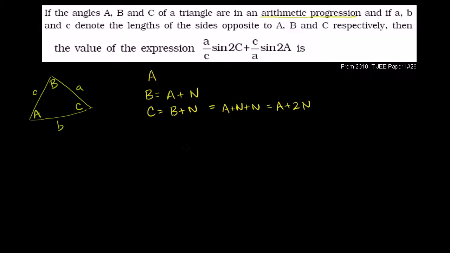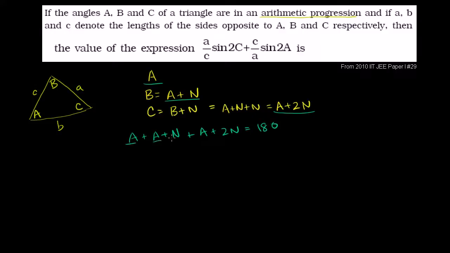So what does that do for us? Well, the other thing we know about three angles in a triangle is that they have to add up to 180 degrees. So we have A plus n plus A plus 2n plus A is going to be equal to 180 degrees.